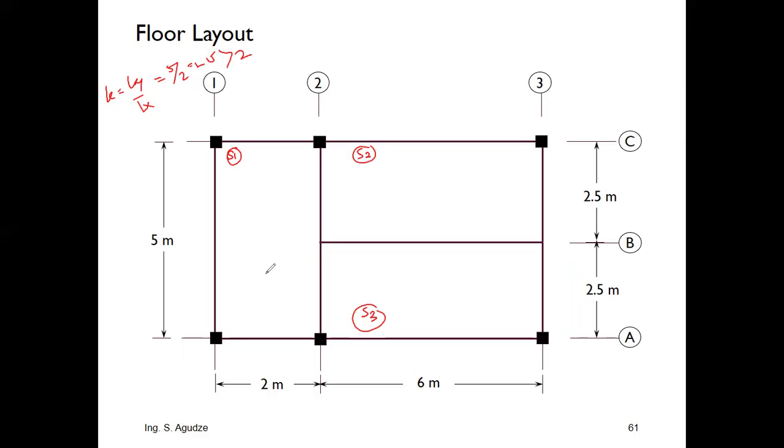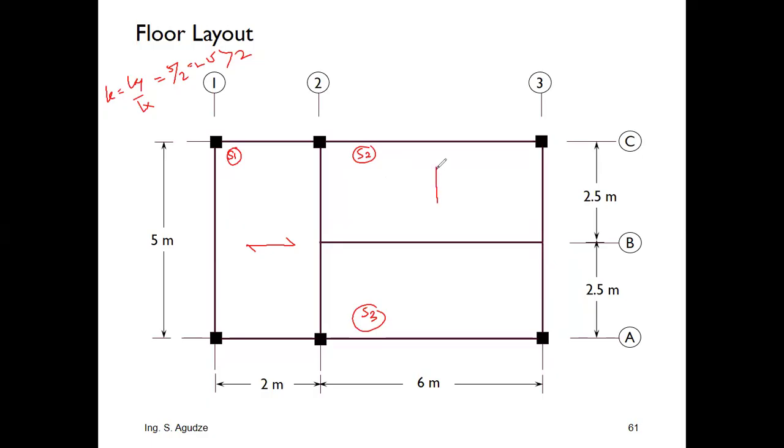And look at this. This is the shorter side, so the line I draw should align with the shorter side. If I take the second one, the longer side is 6 meters and the shorter side is 2.5. So K, the longer over shorter, 6 divided by 2.5 is 2.4, which is also greater than 2, so it's one way.